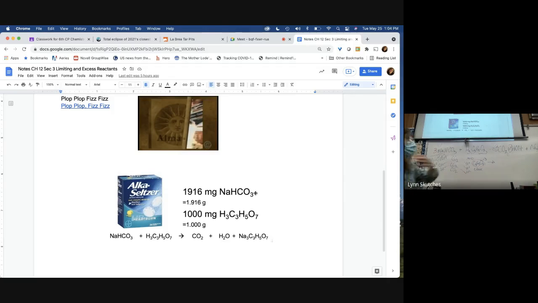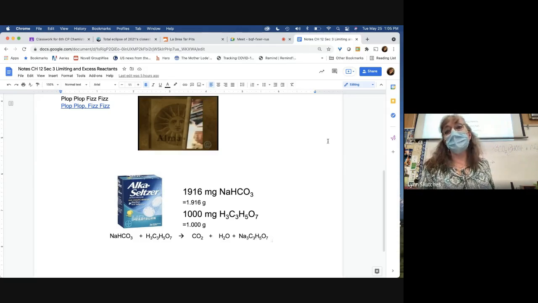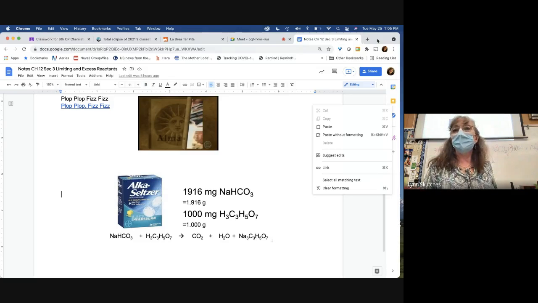So based on this, for every mole of citric acid, I should make 3 moles of carbon dioxide. And so we could calculate how many moles of citric acid this is and triple it, and then figure out how much CO2 we should have. So that is the gist of what we would have done if we had the lab. Questions on that?